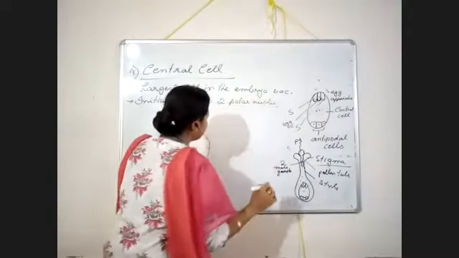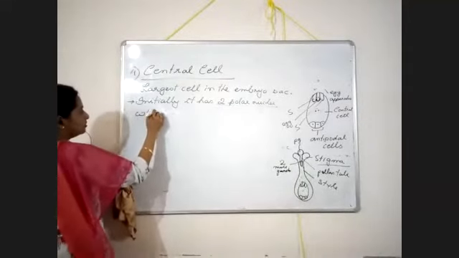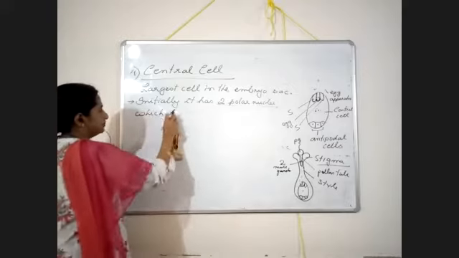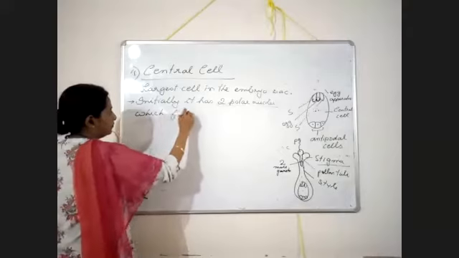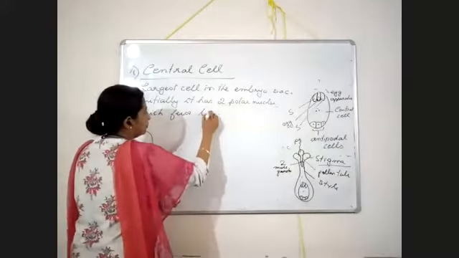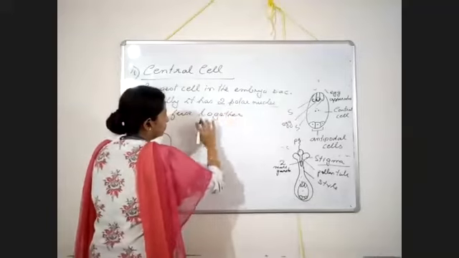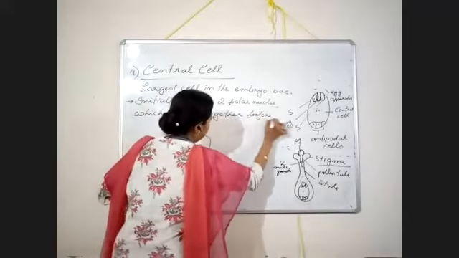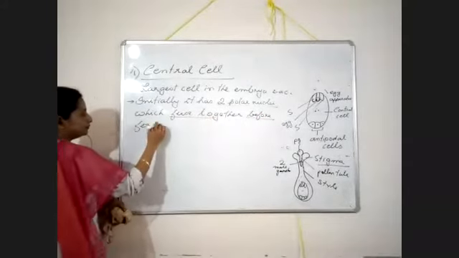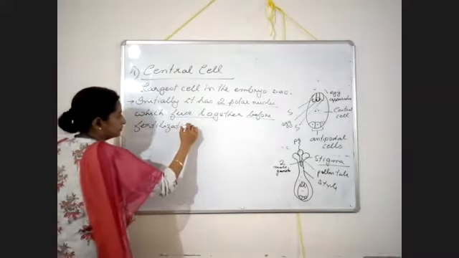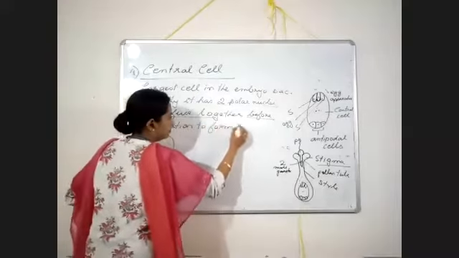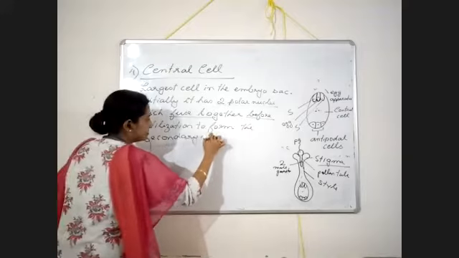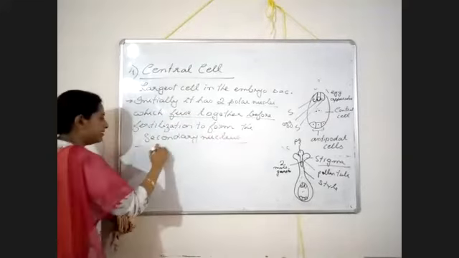Polar nuclei, we have discussed in the last class, which fuse together before fertilization to form the secondary nucleus, right?